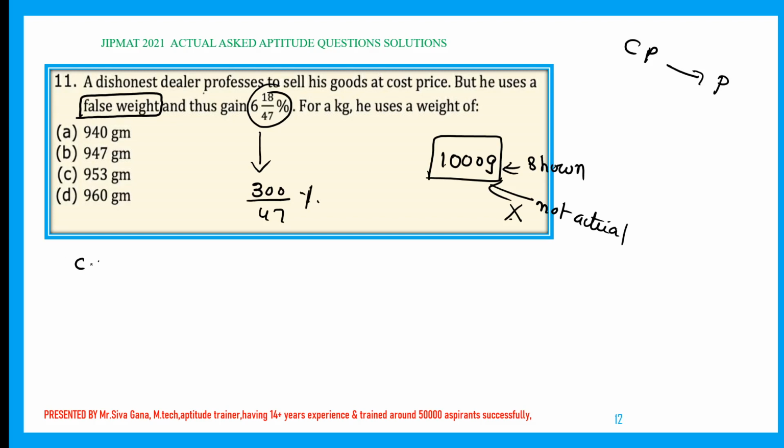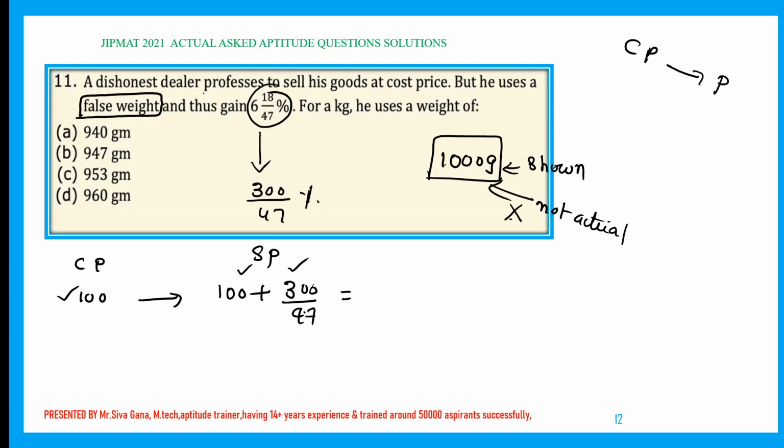Okay, so let us say the cost price is 100, which is nothing but I put 100 grams. But what is the selling price? 100 plus 300 divided by 47, this is the profit he is getting. Since I have taken 100, 300 by 47 is the profit. So cost price plus profit gives you the selling price. How much is the selling price?